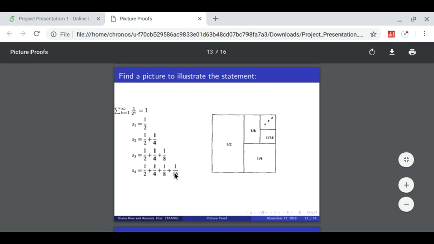As we continue, we're going to see that the pieces get smaller and smaller to almost completing the whole square. As we try to get to infinity, the whole square will be almost completed, equaling the fractions to 1.